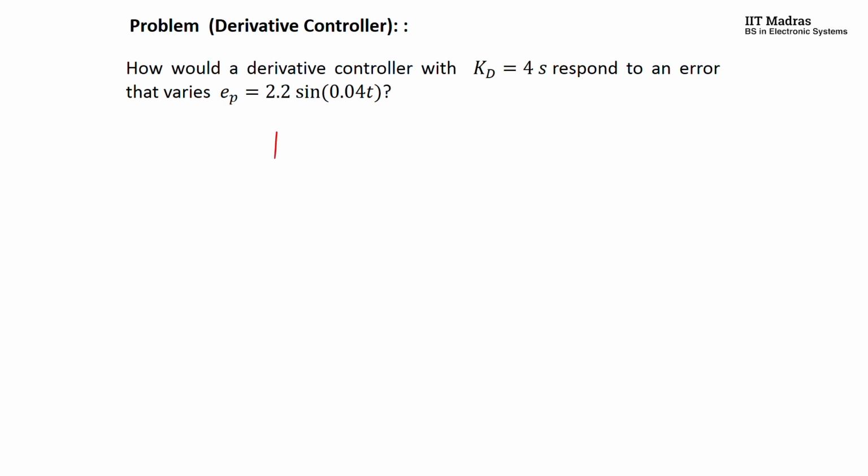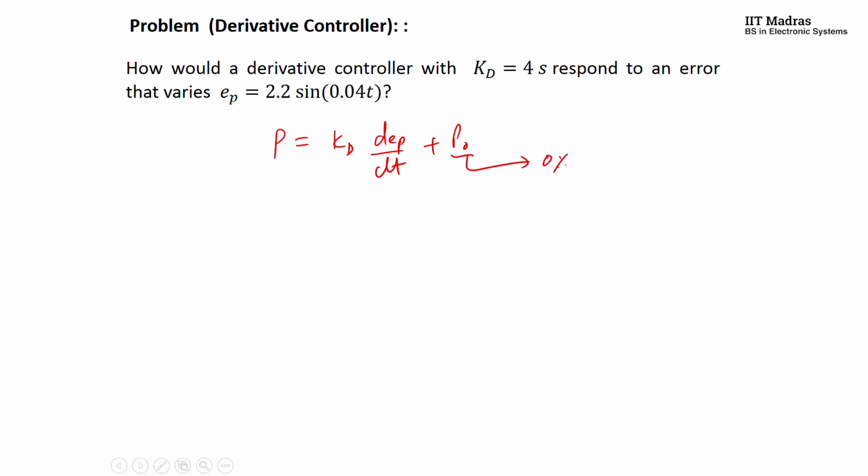Now derivative control action is represented as P is equal to Kd de/dt plus some P naught, because I told you that in derivative control action there could be a nominal value. Here you don't have any nominal value given, you can take it as 0%, because the control output is represented in terms of percentage.